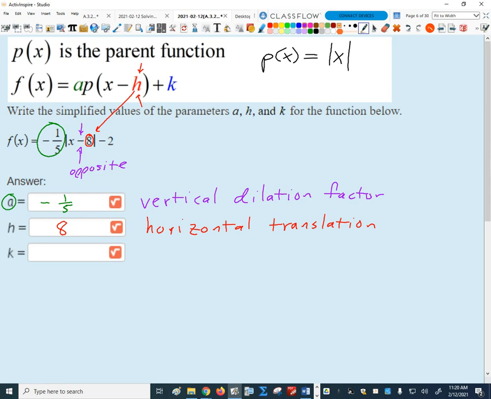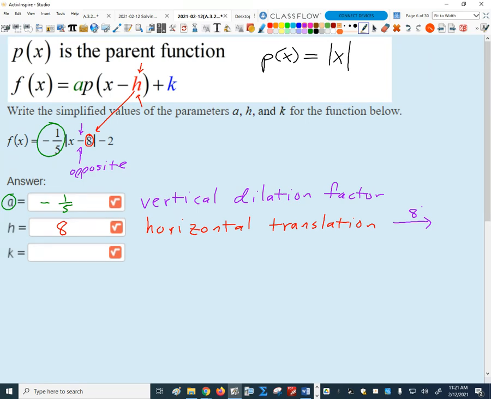If it's a subtraction, if we're subtracting 8, then h is positive. If we're adding 8, then h is negative. It's a little counterintuitive. That one's a little tricky. Okay. So if the value of h is 8, then that means that we are going to the right by 8, doesn't it? Right? Because h is the amount that we're moving to the right. Positive 8 means to the right by 8.